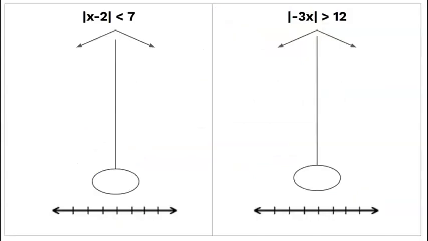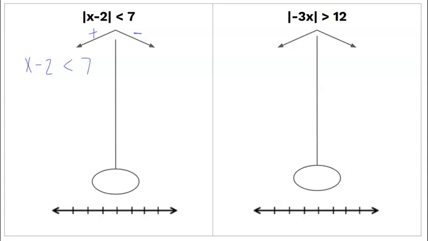So we are going to solve some absolute value inequalities. Now, very similar to our equations, we're still going to have that positive and negative case. So we can split this up into x take away 2, that piece inside the absolute value bars, is less than 7. That's our positive case.